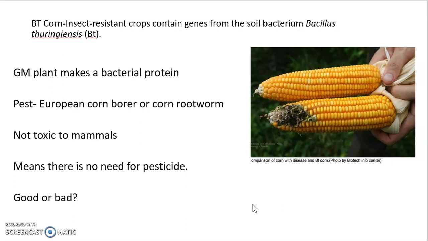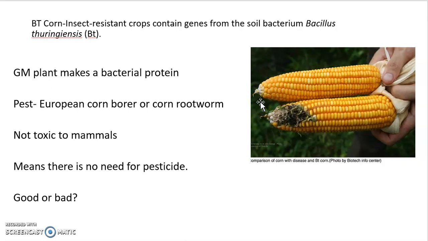Well, not necessarily. One thing to consider is that flowering plant species, which corn is an example, can produce pollen. And the pollen produced from this particular plant is going to contain that BT gene.